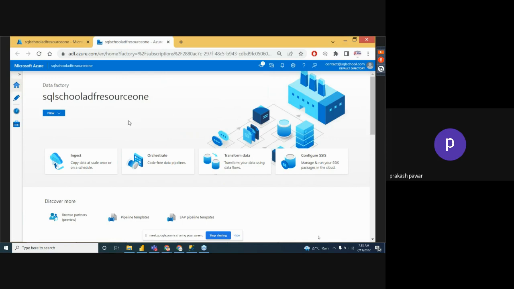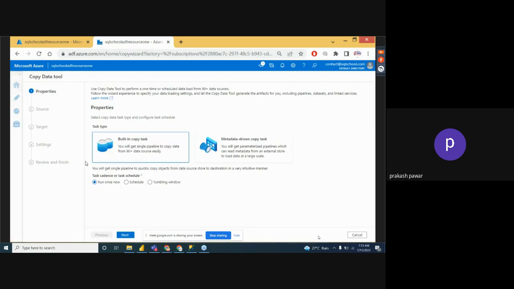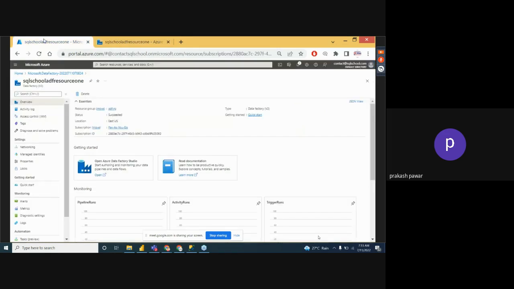There are different ways to create these ETL pipelines. Simple method, ingest. See here, there is something called ingest. Click on ingest. We get one copy data tool. I repeat once again, from data factory resource, click on this ADF Studio.